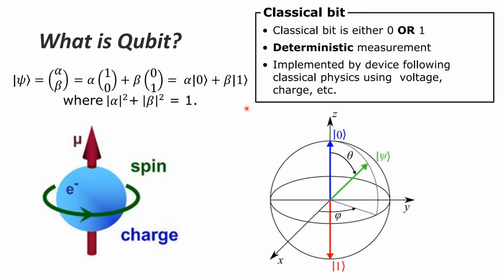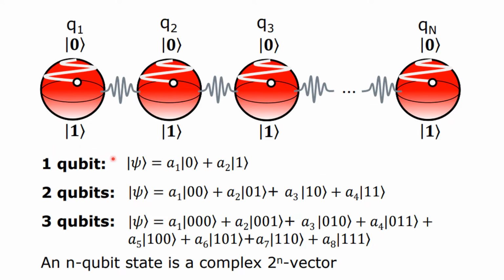For example, we are only talking about a one qubit system. For a one qubit system, the states are either 0 or 1, so the sum of the squares of these two parameters must equal 1. As we scale the number of qubits up, the number of states available increases exponentially.